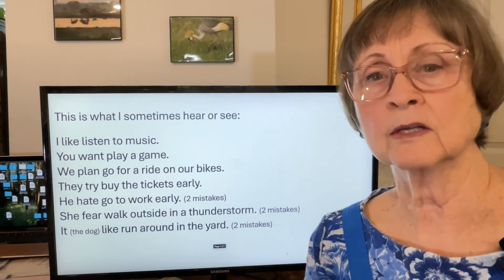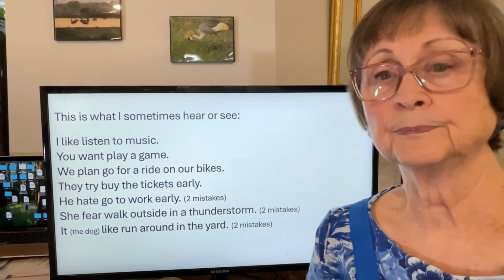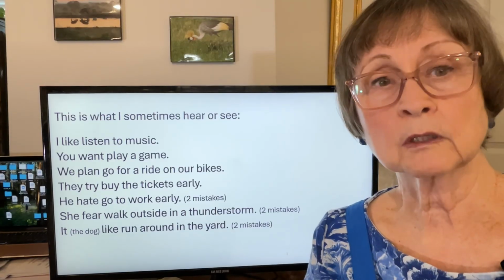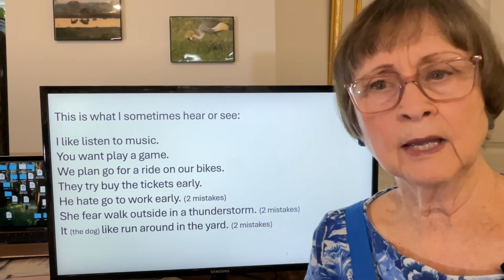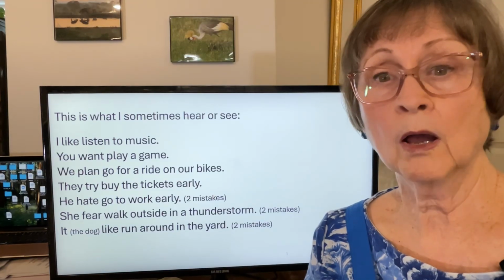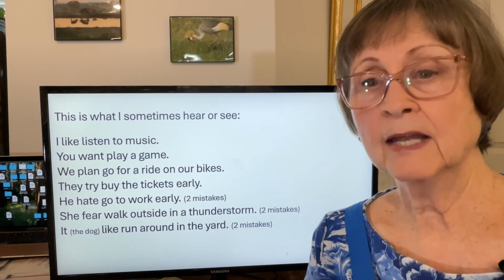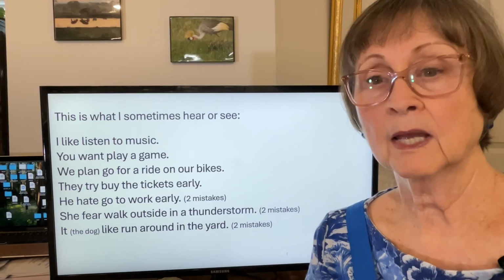This is what I sometimes hear or see in writing. I listen to music. You want play a game. We plan go for a ride on our bikes. They try buy the tickets early.